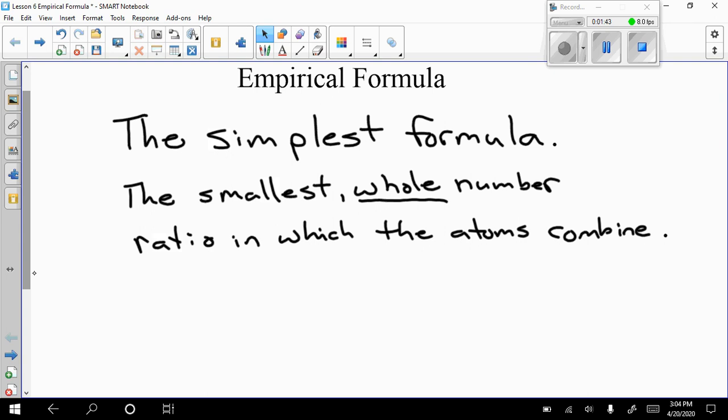But what we're going to be doing in this unit is trying to understand, based on mass information, can we deduce the empirical formula? And in the next lesson, can we deduce the molecular formula? So I just want to emphasize that nothing has changed from Unit 1.